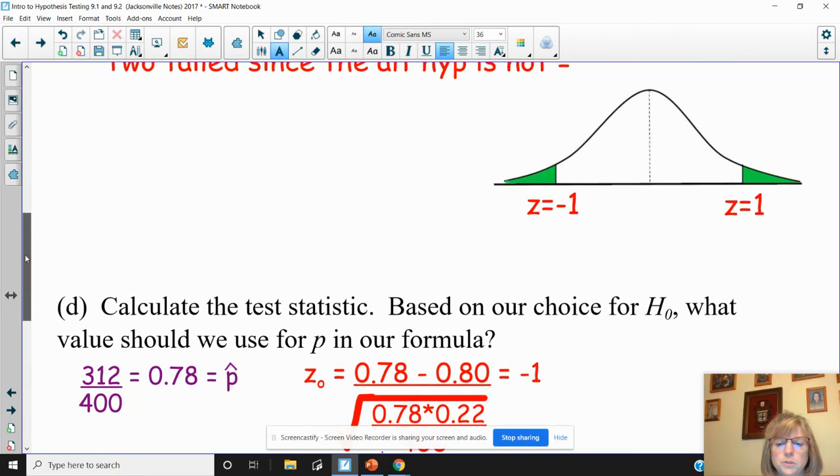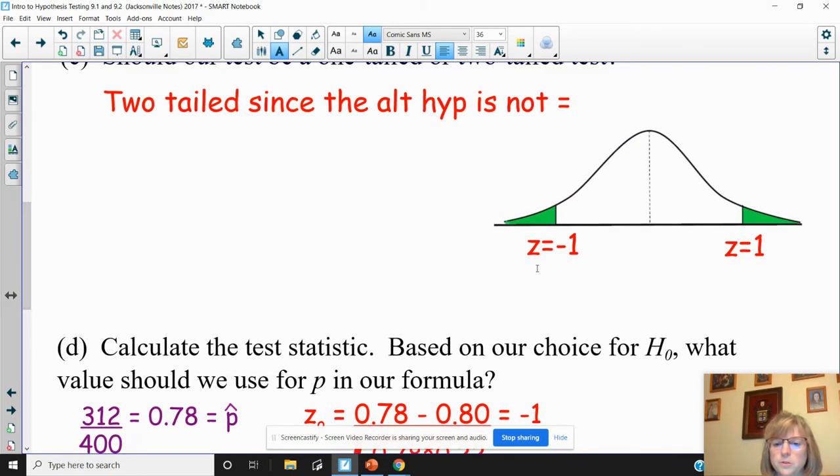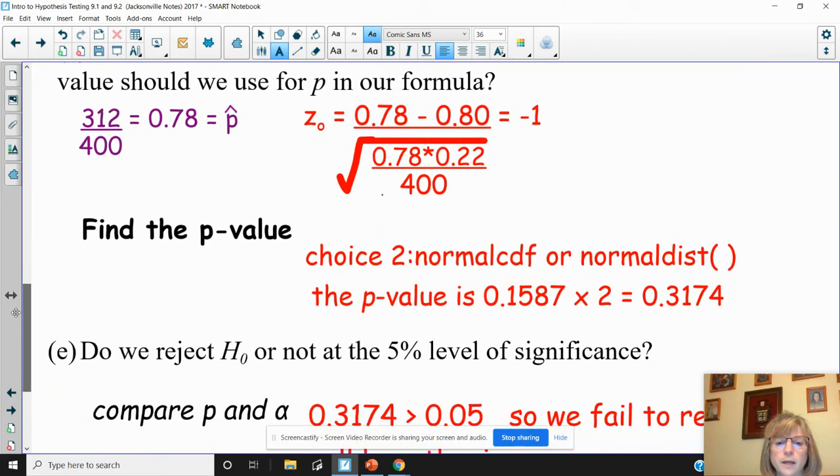Now, because this is a two-tailed test, the z-score I calculated was -1, but I also have to use the opposite value, the positive value here. So the area that I'm looking for is the area in this tail, along with the area over here in the right tail. We'll use our calculator for that.